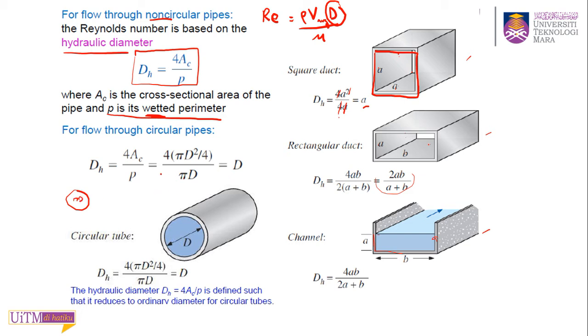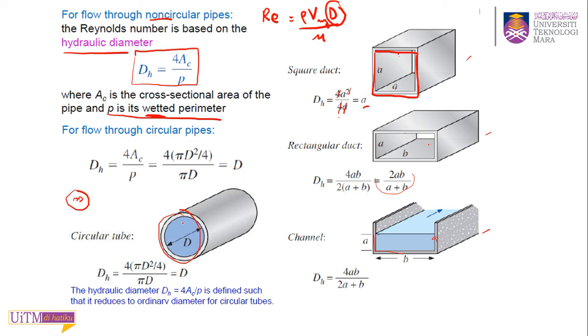So pi d is the perimeter of this circle. When you divide this, eventually you will get only d. So the hydraulic diameter for a circular pipe is just the diameter. So it's easy. For a circular pipe, it's just the diameter of the pipe.